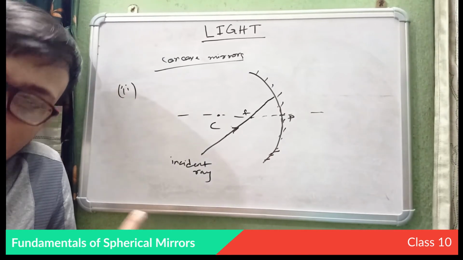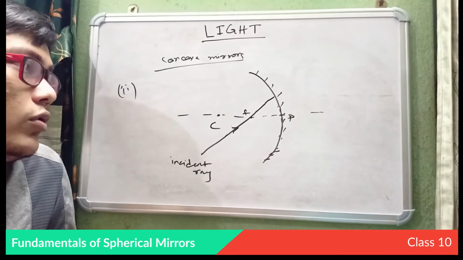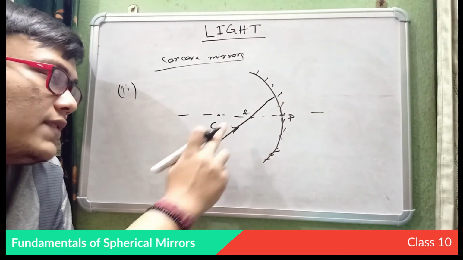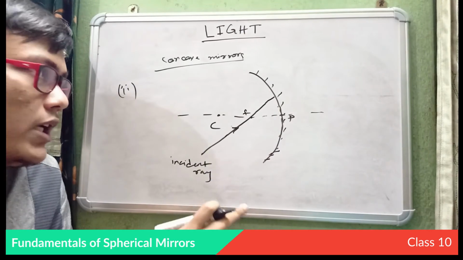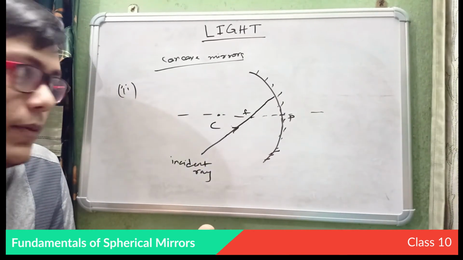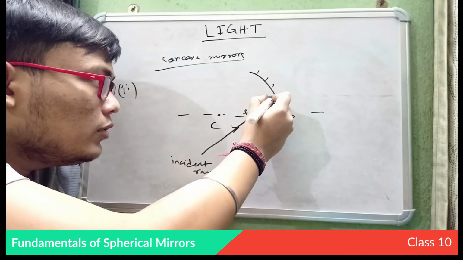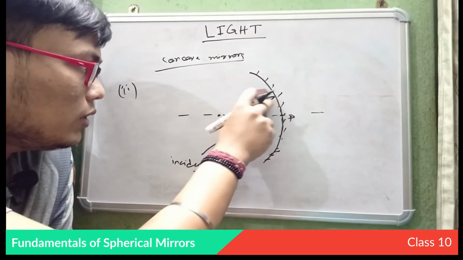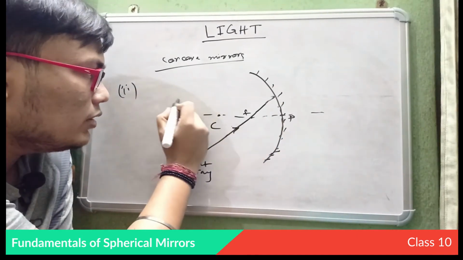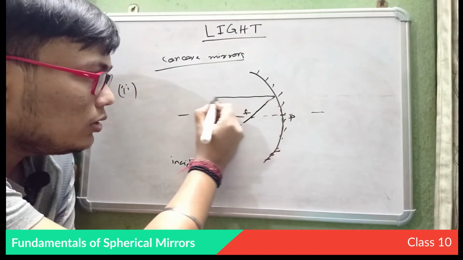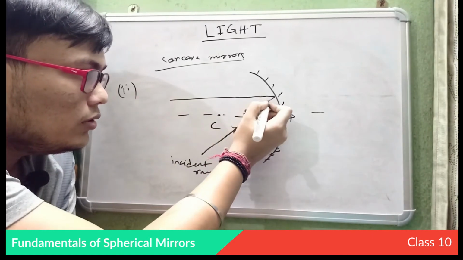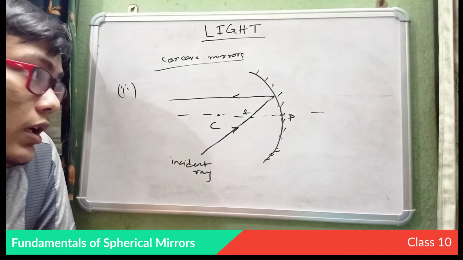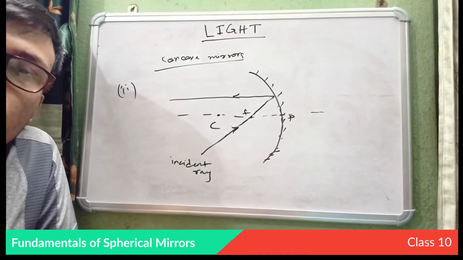This is the exact opposite of scenario 1. Okay, so in such a case it is seen that the incident ray passing through the focus, after reflection on the concave mirror, will pass parallel to the principal axis.